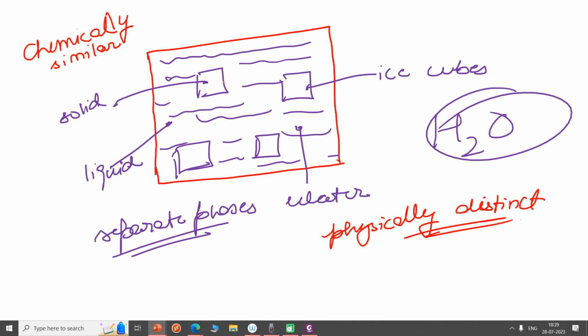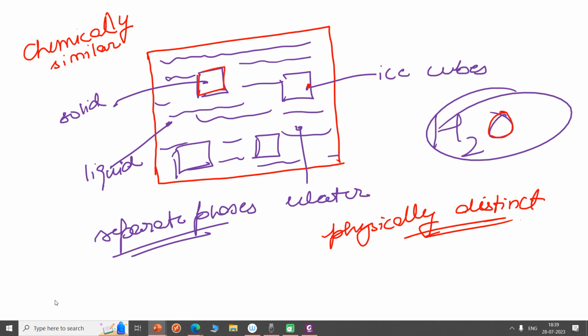I had taken the example of ice in water. Ice is also chemically represented by the same chemical formula as water, however by structure they are different. That's how we have two different phases in the system, right?